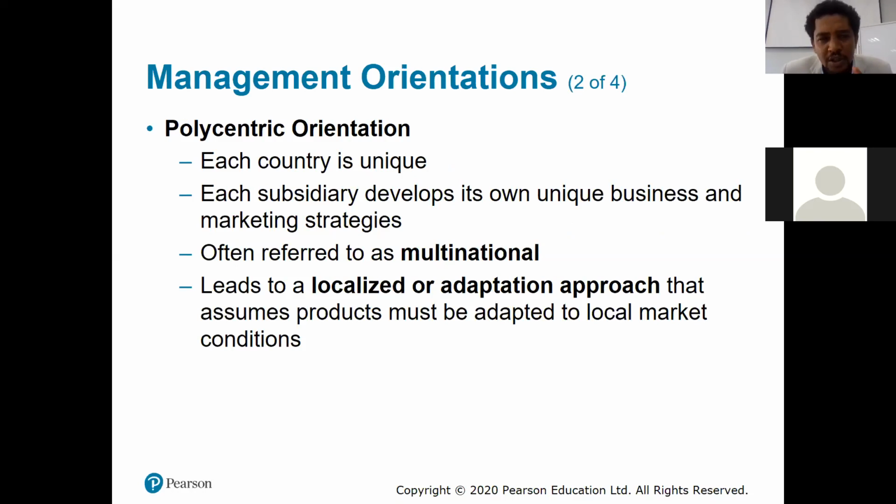This could be a very good management assumption for somebody who wants to be involved in global marketing. Then this leads to a localized or adaptation approach. The ethnocentric focuses on standardization, the polycentric on localization, because they think that every country has unique needs.